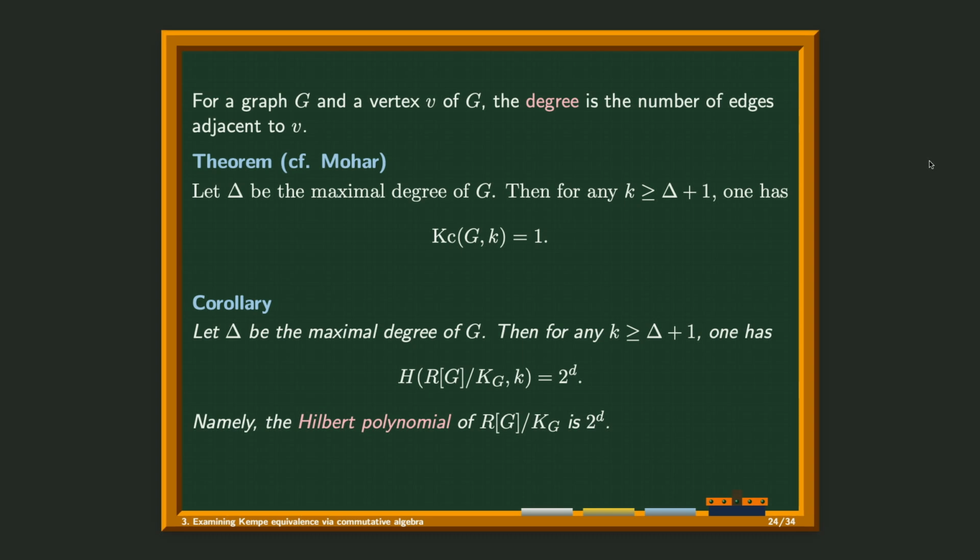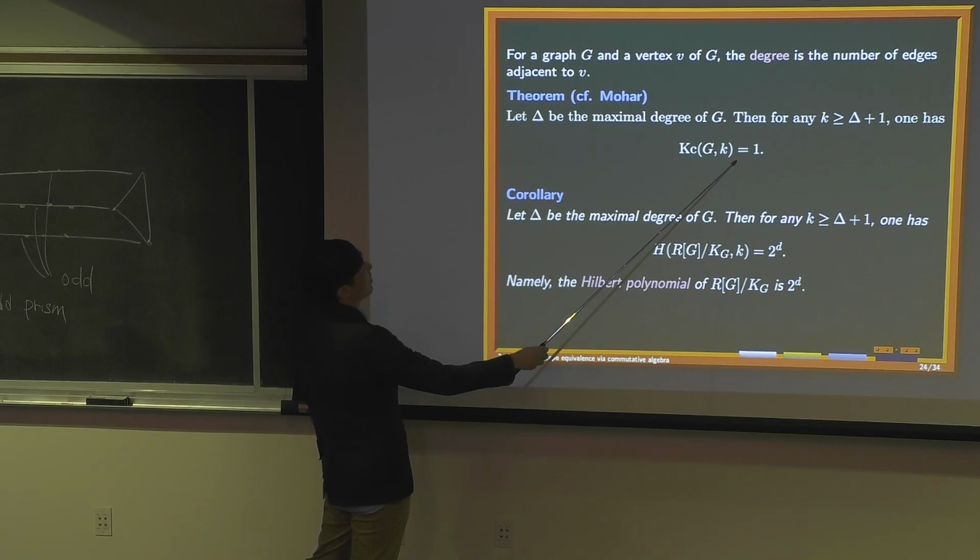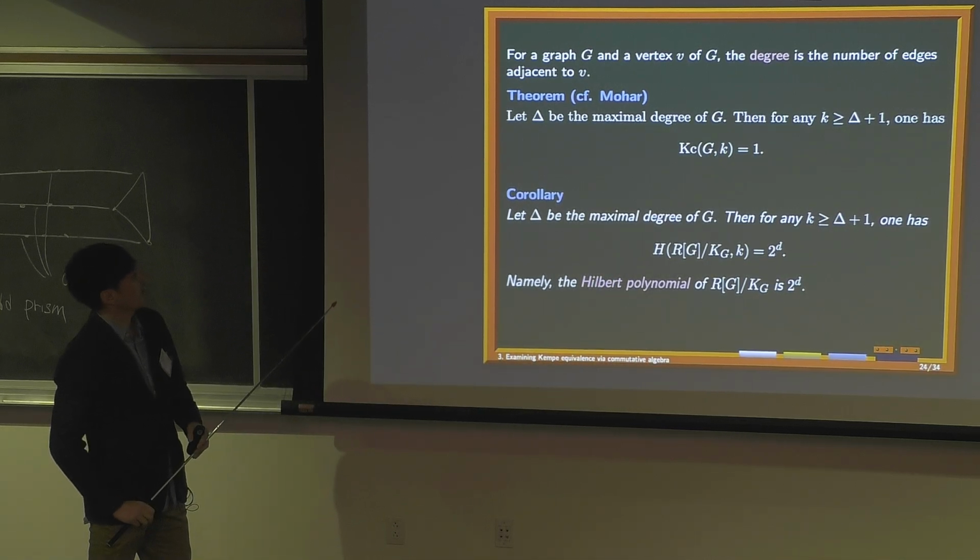Moreover, this graph result is known. Let delta be the maximum degree of G. Then for any K at least delta plus 1, all K-colorings of G are Kempe equivalent. Namely, the bracket capital KCGK equals 1 for any such K. So for sufficiently large K, the Kempe classes consist of just one class.